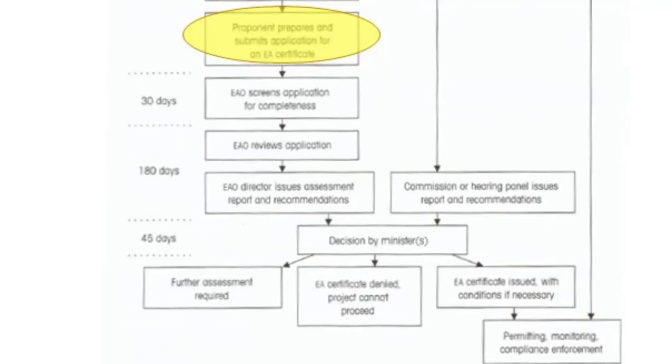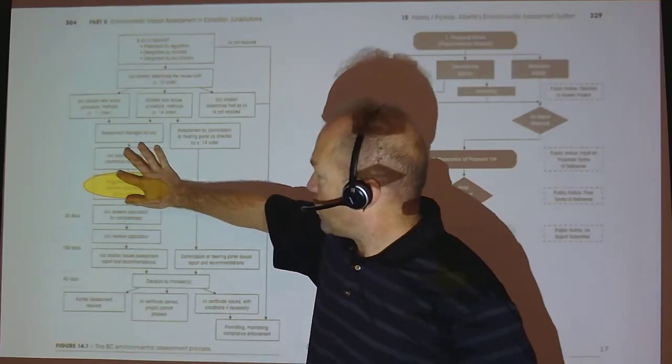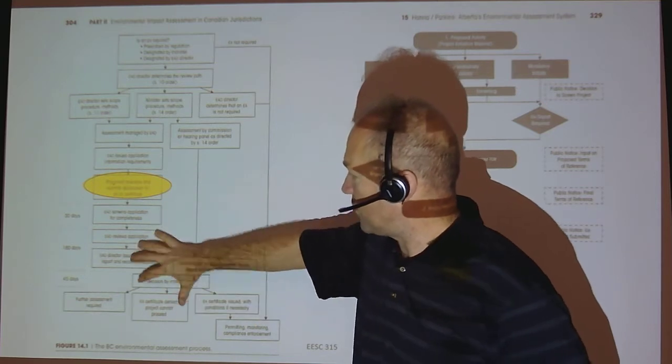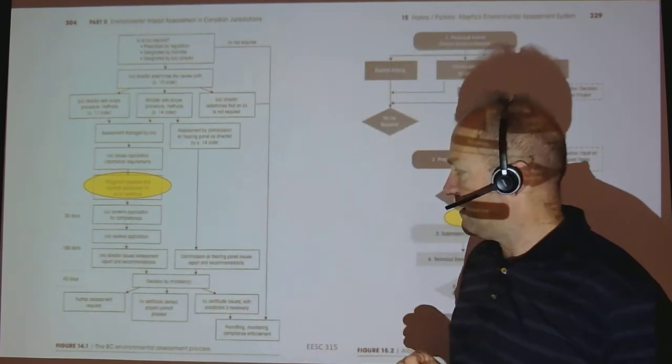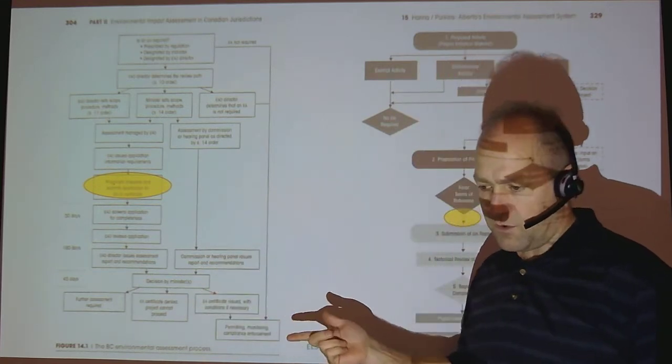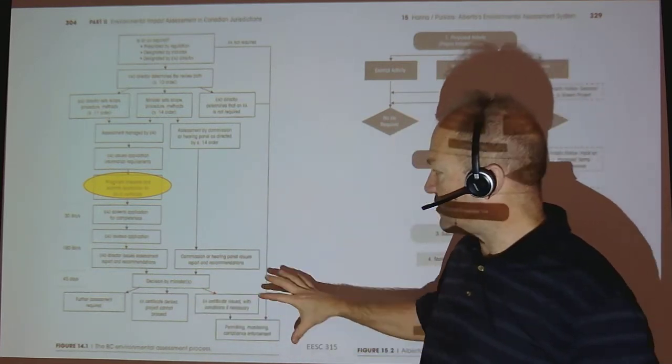Typically, it will be approved with a large number of conditions, so the EA certificate will have those conditions attached to it, which lay out permitting, monitoring, compliance, and enforcement. So as I said, we're going to focus here. I will actually go over a little bit of what follows after the preparation of the assessment, for example, approvals, adaptive management, etc.